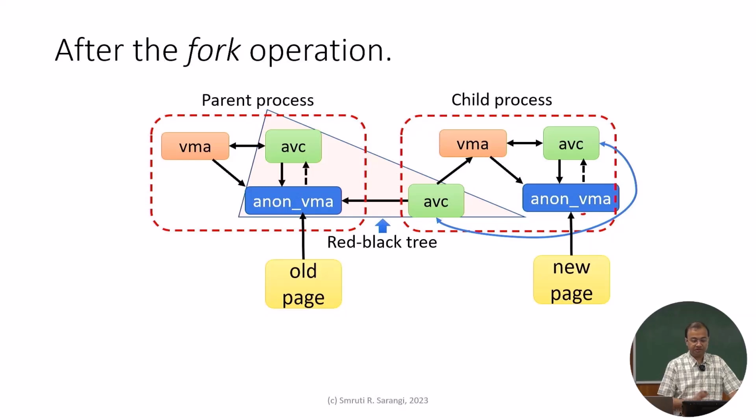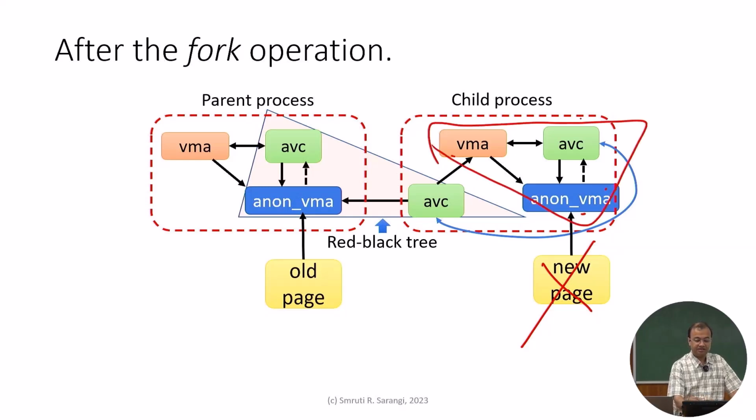All right, which means that if this new page is evicted, it will go to this Anon VMA. This Anon VMA will have another red-black tree like that. It will figure out that there is an AVC, and then there is a single VMA attached to it, which is the child, and appropriate changes will be made. So this is how we manage forking and we manage copy on write.